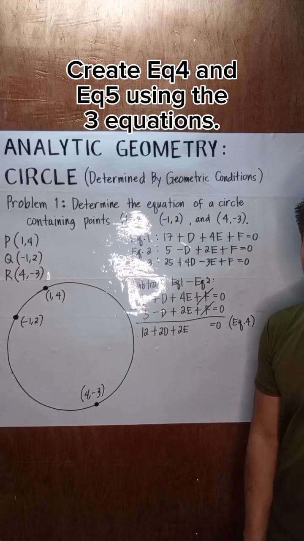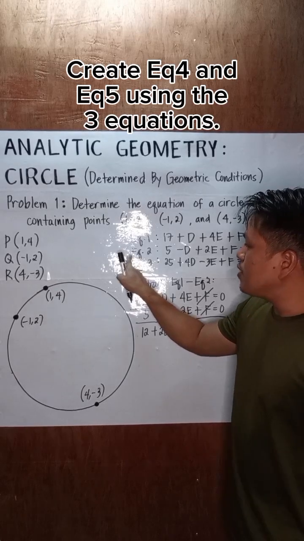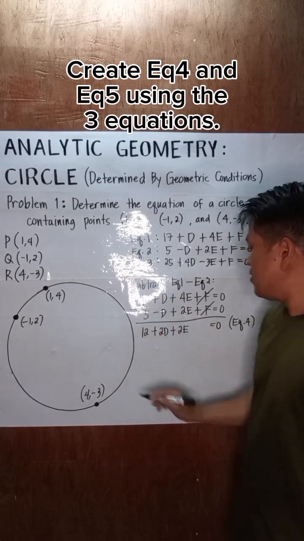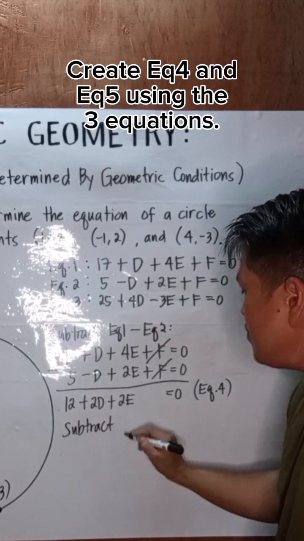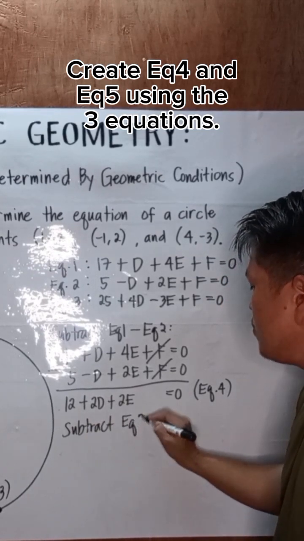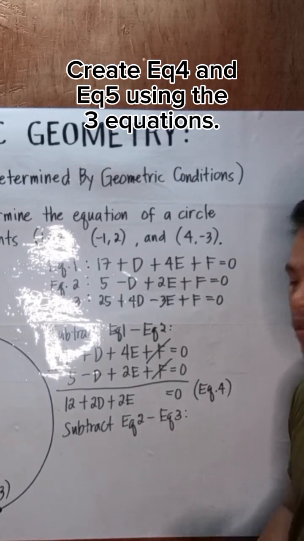Next, para naman makuha ang equation 5, isubtract ang equation 2 and 3. Subtract equation 2 minus equation 3.